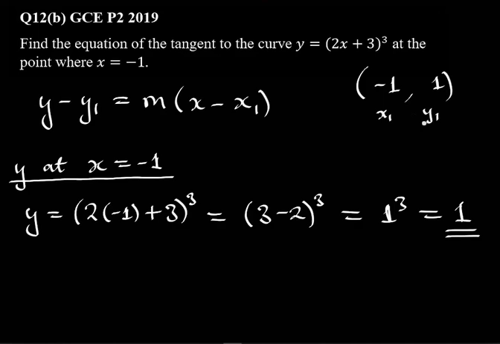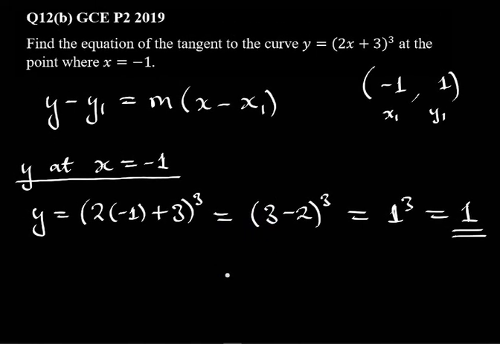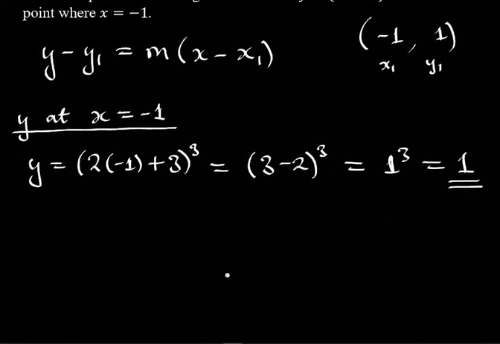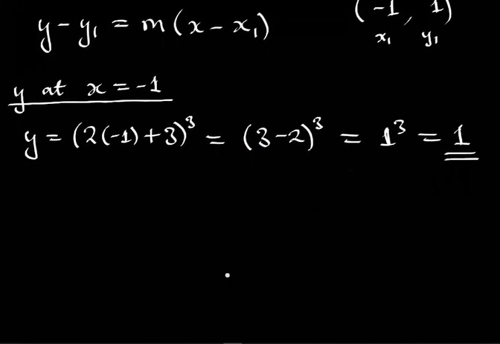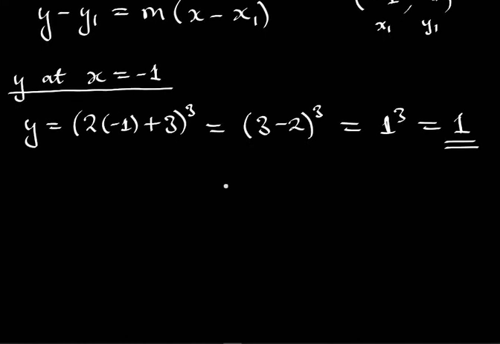We need to find m. How are we going to find m? We need to expand 2x plus 3 to the power 3. Otherwise, we won't be able to integrate or differentiate that very easily.